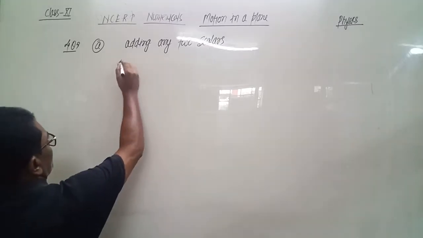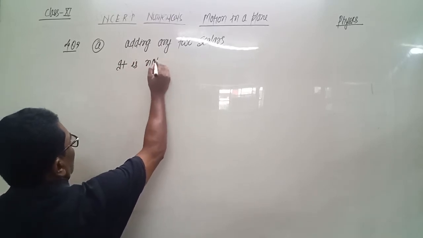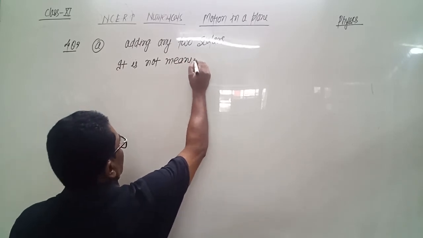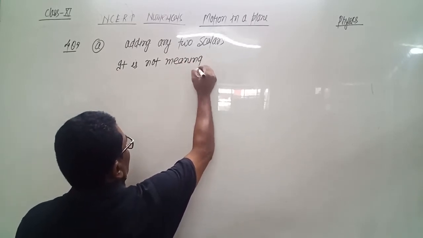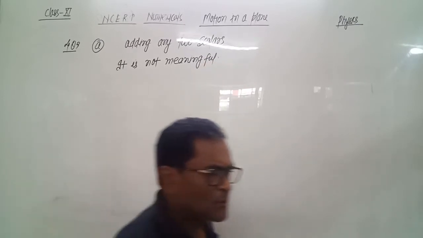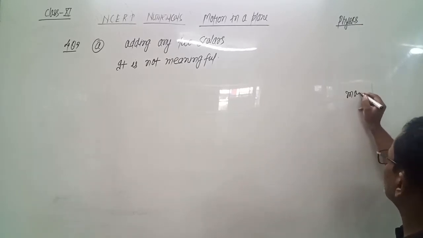So adding any two scalars is not meaningful. It is not meaningful because suppose there are two scalars, mass and time. Mass and time are two scalar quantities.